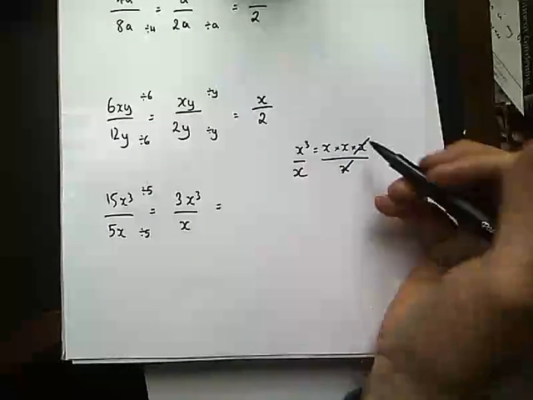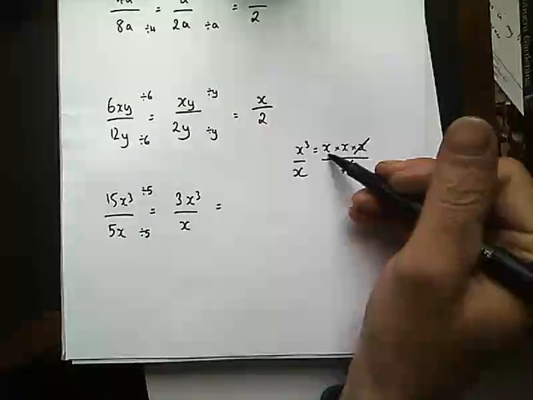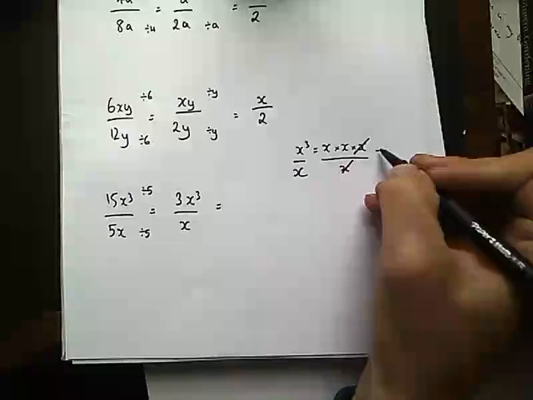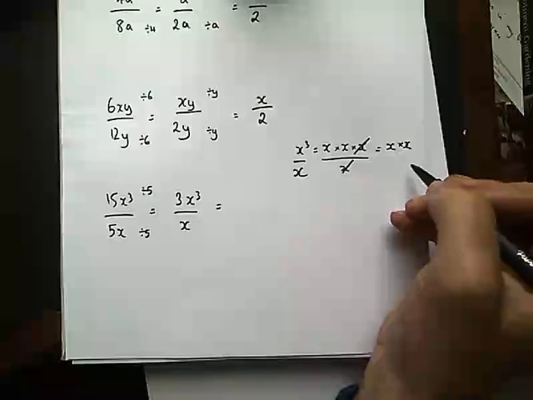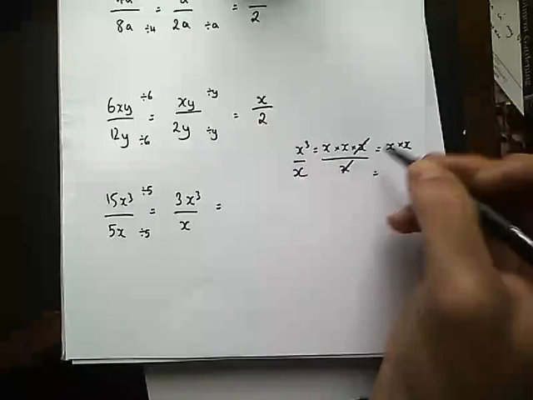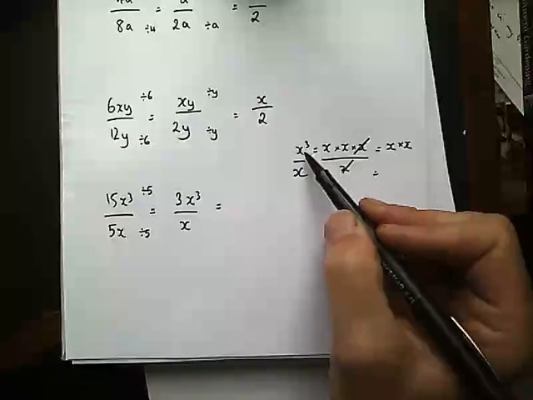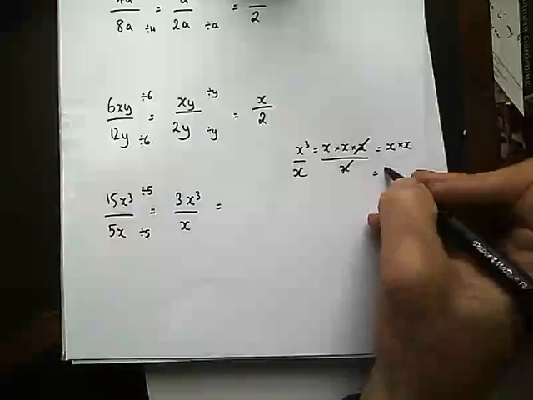So what I will be left with is just 2 x's, x times x. But how do we write x times x? Instead of writing it as x cubed, I write it as x squared.